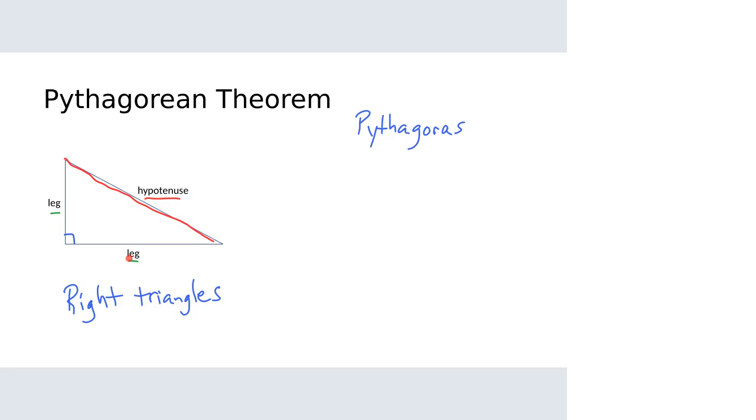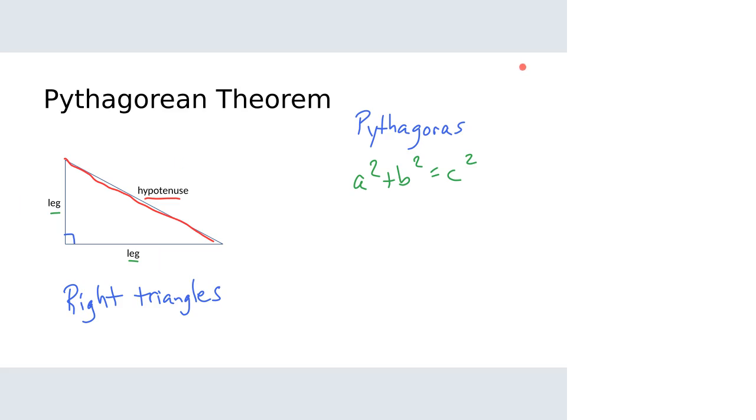You may be familiar with the Pythagorean theorem already as a squared plus b squared equals c squared. I'm not opposed to that. I don't have anything against that. But there is a little bit of danger you should be aware of with a squared plus b squared equals c squared. That is that this only works if your legs are a and b and your hypotenuse is c.